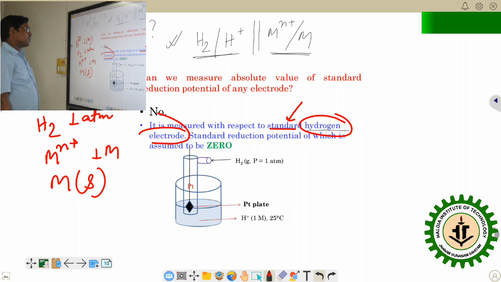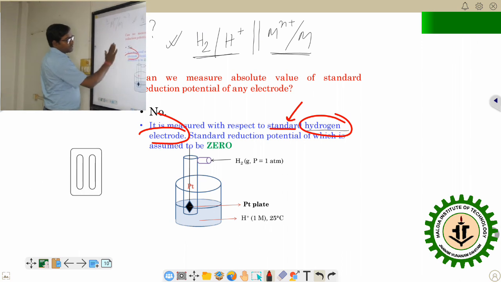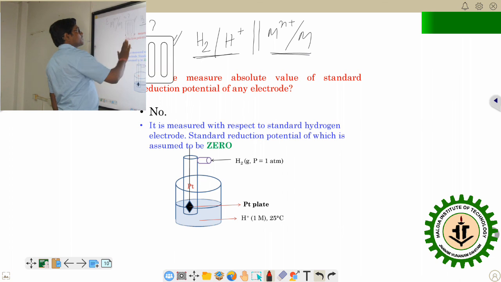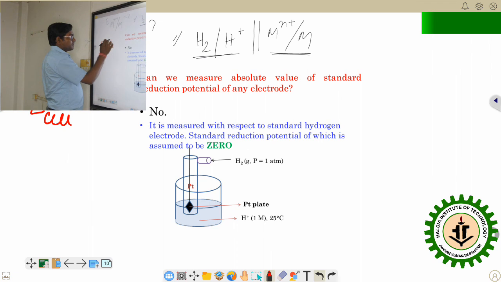Under this condition, you construct that cell. What is the next? After construction of that cell, you try to find out the cell EMF. Cell EMF, already we have written, E cell equal to reduction potential of right hand minus left hand.